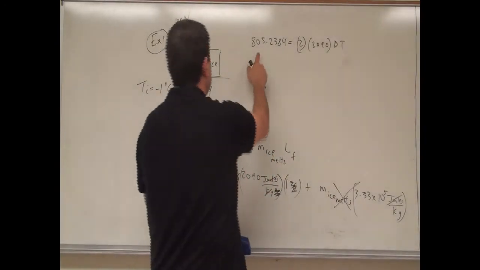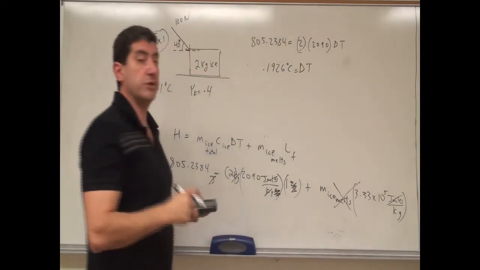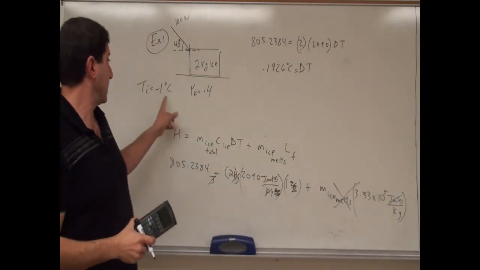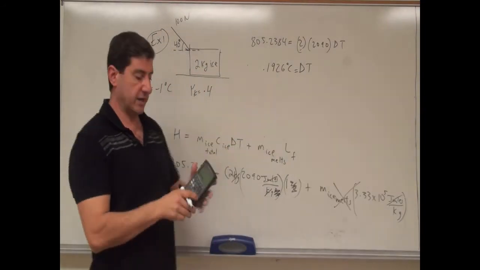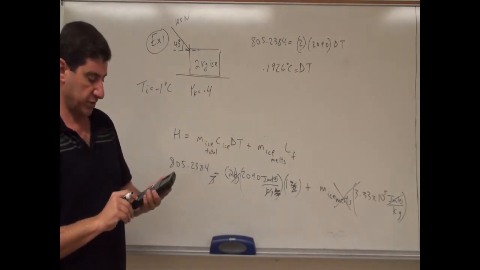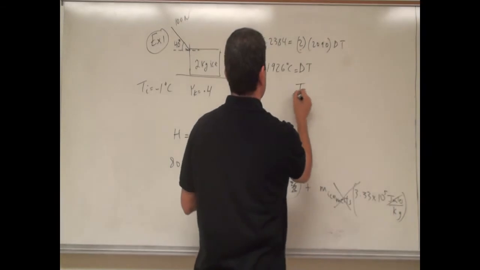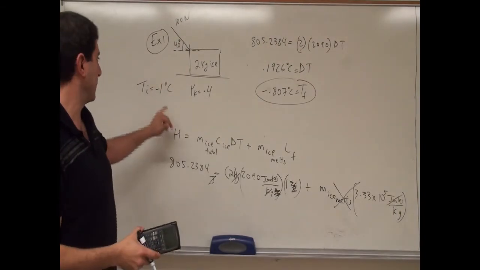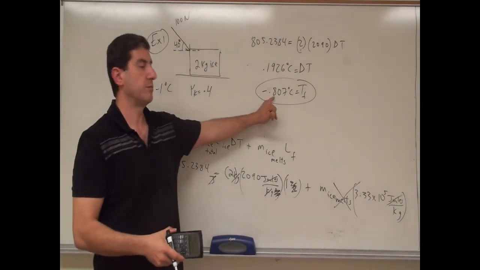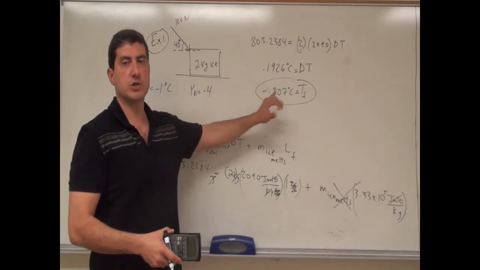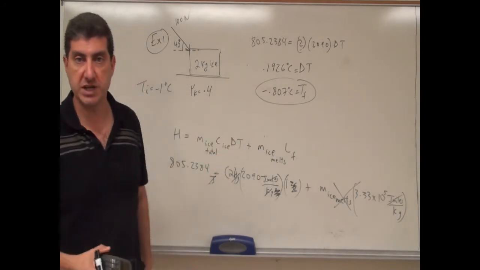So then we're going to divide 805. So if the original temperature was -1, and we add the answer to that, the final temperature is going to go up slightly, all the way from -1 to -0.807. So that's all that's going to happen. It's not really going to melt.